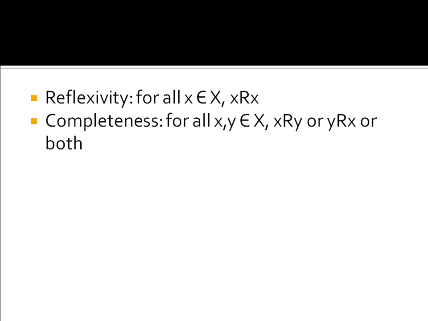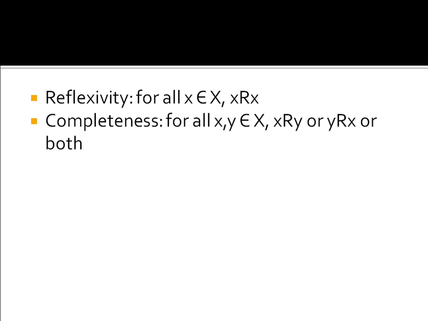Completeness. That is, for all x, y belonging to capital X, either xRy or yRx or both. When you are given two consumption bundles, say x, y, completeness just says that you have to tell which one you prefer. You cannot say I do not know. I do not know is not the answer. If you are living in a two commodity world, you cannot say you do not prefer anyone.